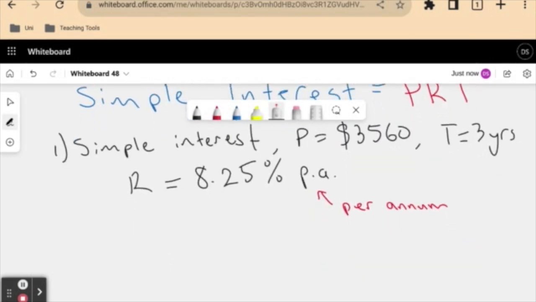So let's just find out the simple interest first. And like you may have guessed, we can just sub in all these factors into our equation. So our simple interest equals our principal amount, 3,560, times our rate, which is 8.25%.